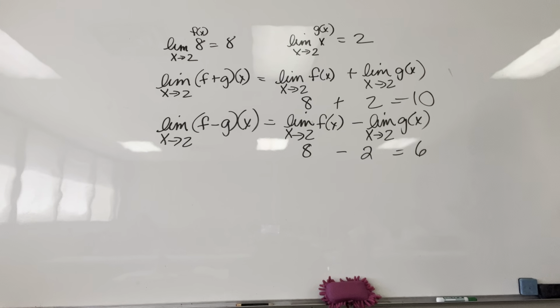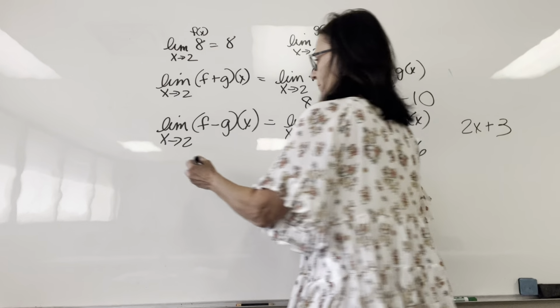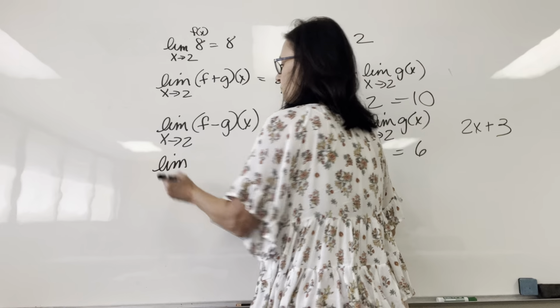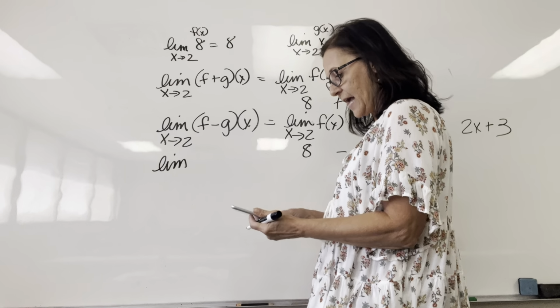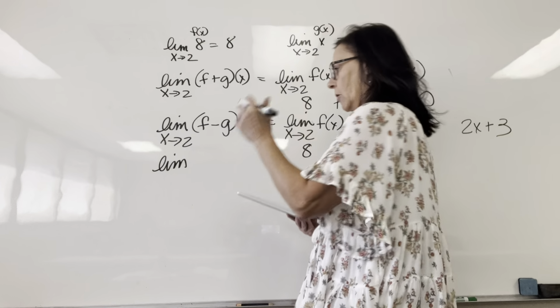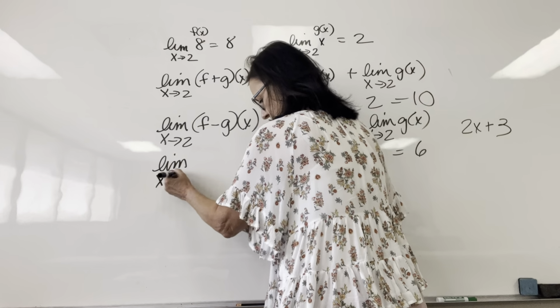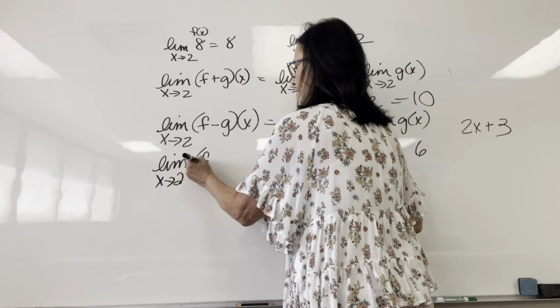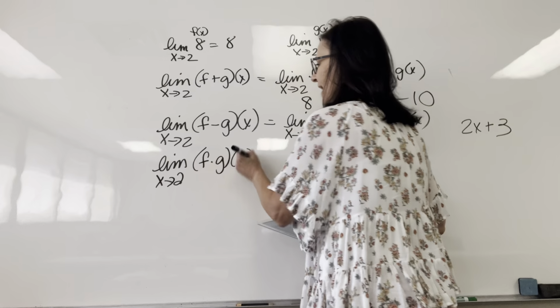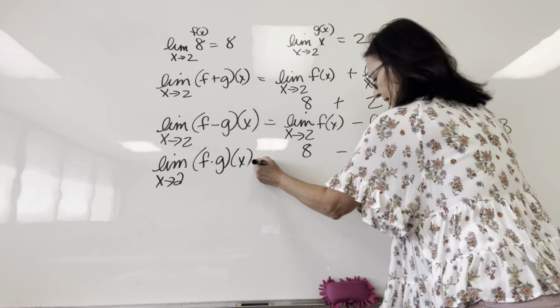We're going to use this with functions. Things like 2x plus 3. So I'll show you this one in a minute. All right. Now, the next one is the limit multiplied is the same thing as the individual limits multiplied. So the limit as x approaches 2 of f times g of x, it's the same thing.